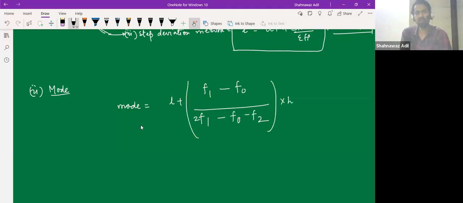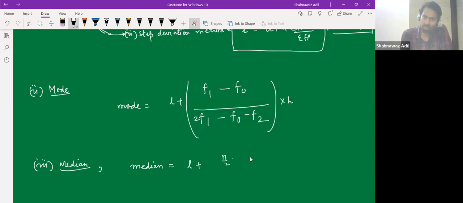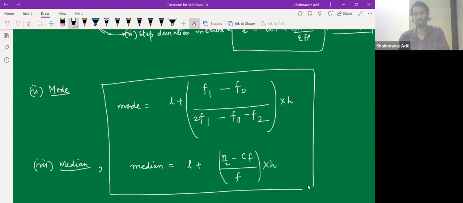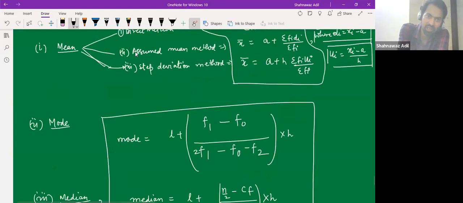So in this way we calculated the mode, and then the last one is median. So how did we calculate the median? This was l plus (n by 2 minus cf) divided by f into h. We just have to remember which is the modal class, which is the median class, right? So far we have done, right?